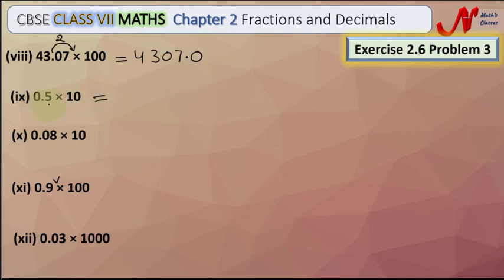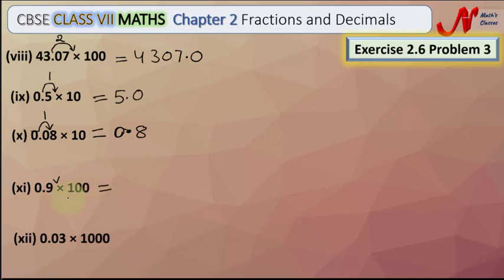Next we multiply 0.5 with 10, so we have only one 0 in the multiplication, so we shift the decimal point one place, so we can write it as 5.0. Next 0.08 into 10. Here we have only one 0, so we shift the decimal point one place to the right, so it can be written as 0.8.